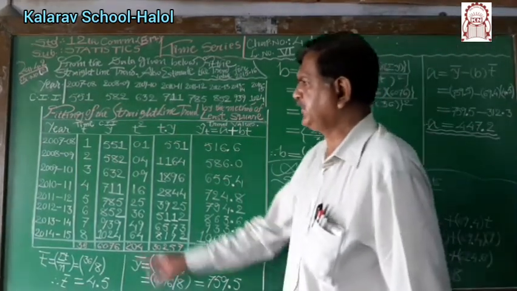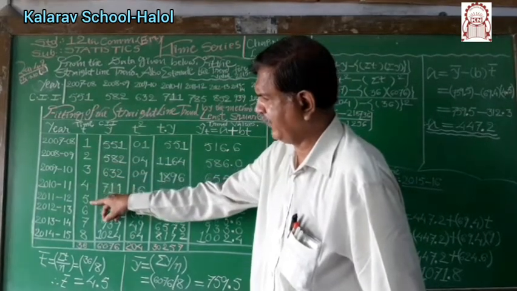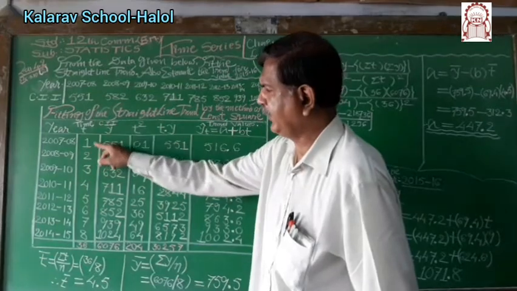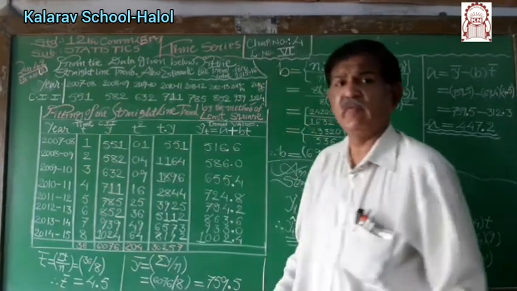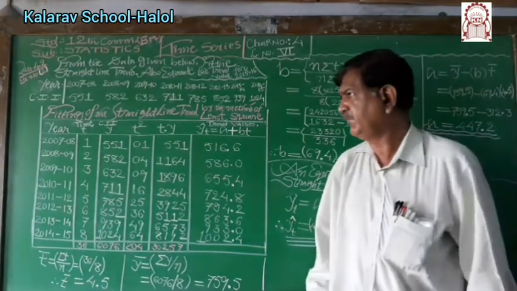See, this is the first year, the second year, the third year, the fourth year, fifth year, sixth year, seventh year, eighth year. Means time t, t equal to 1 to 8, and n equal to 8. The value of n is 8.